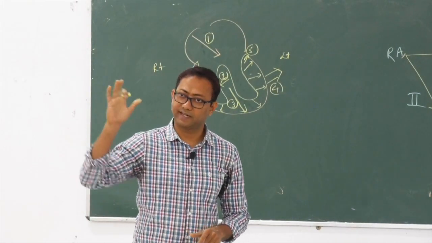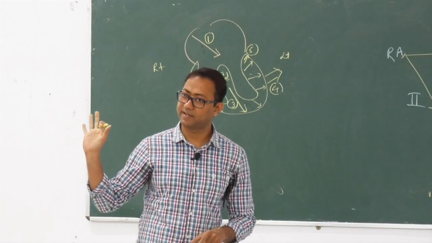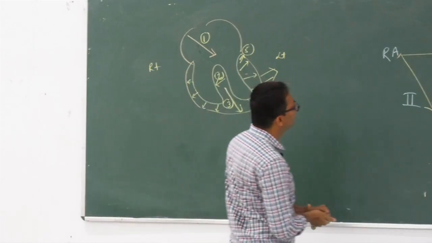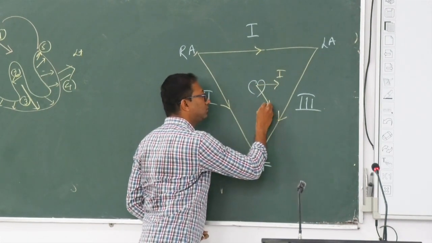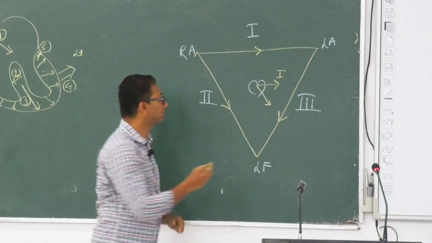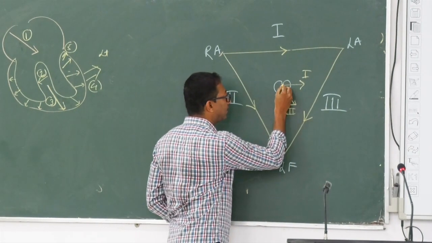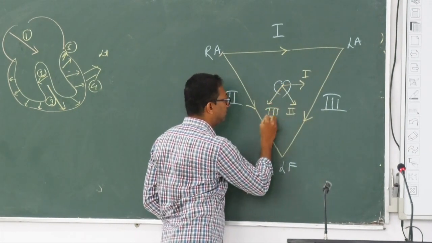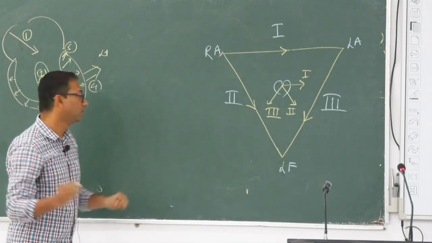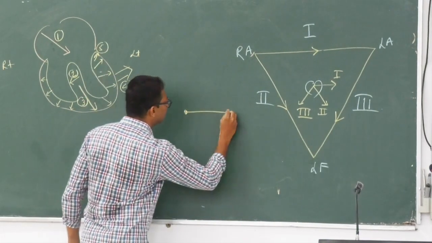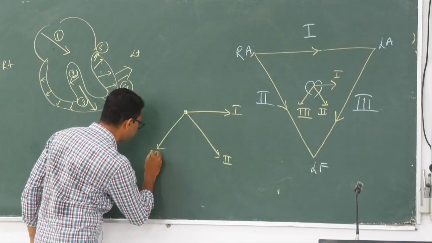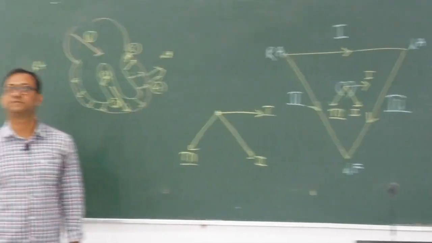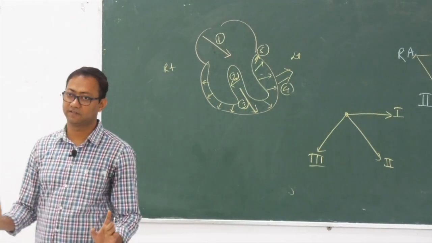Magnitude is unchanged, direction is unchanged. Right? Okay. So this is lead 1. This is lead 2. This is lead 3. Clear?